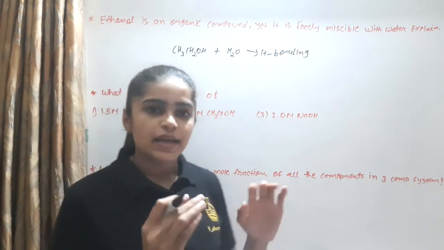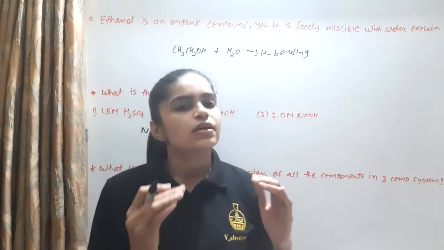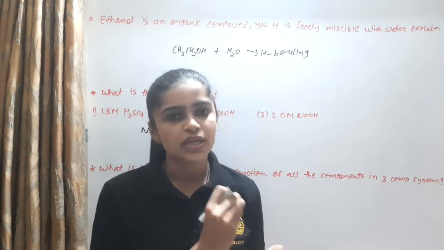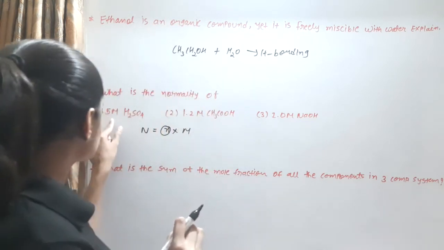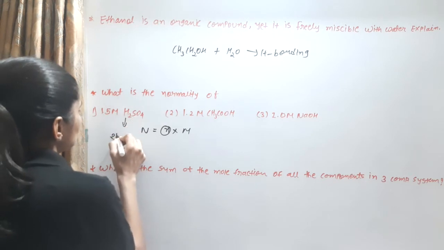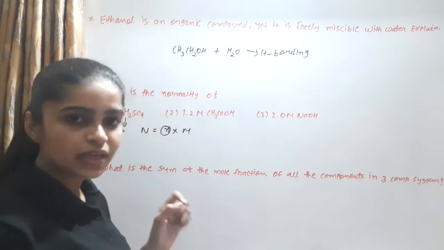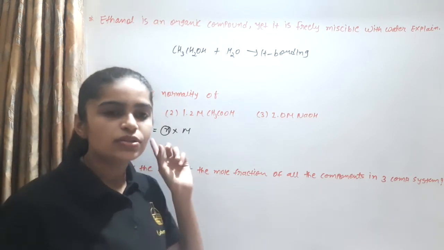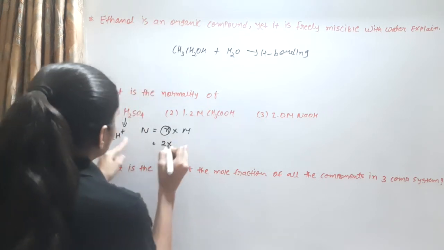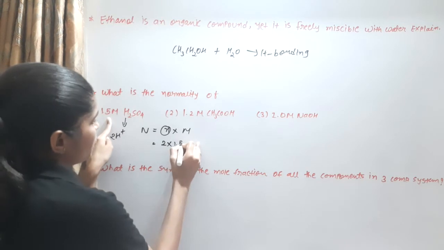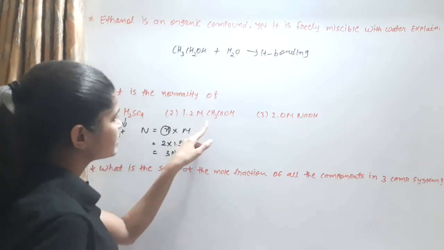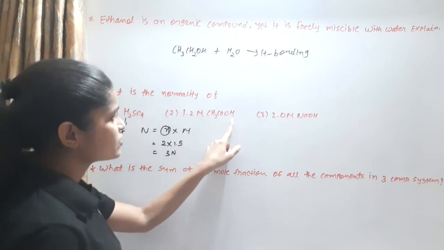For an acid, it is the number of H plus ions; for a base, the number of OH minus ions. First, 1.5 molar H2SO4 gives 2 H plus ions, so its factor is 2. Normality is equal to 2 into the given molarity 1.5, that is 3 normal.